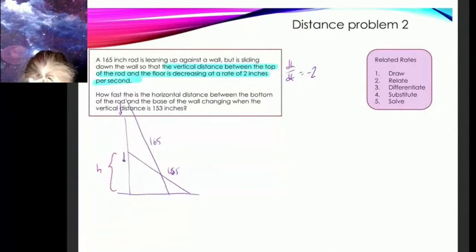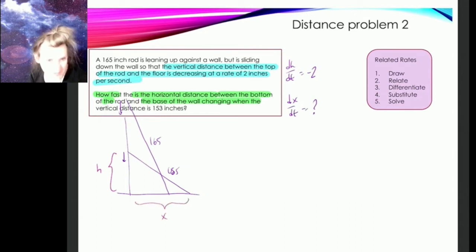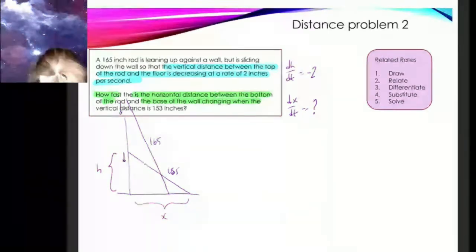Now, they're asking how fast is the horizontal distance between the bottom of the rod and the base of the wall changing. That's code for asking dx/dt equals question mark, where I haven't told you what x is, but we're going to make it up right now. That distance down there is going to be x.